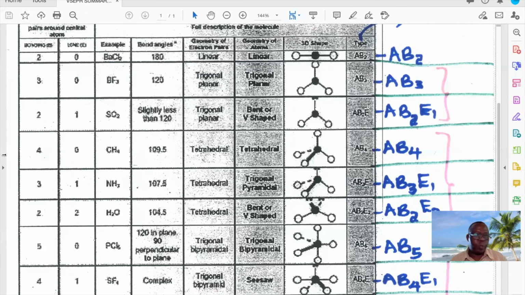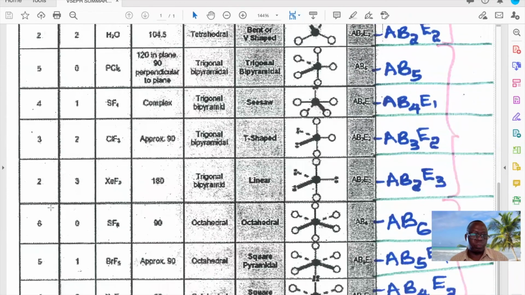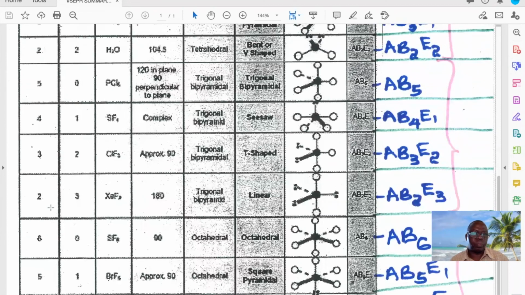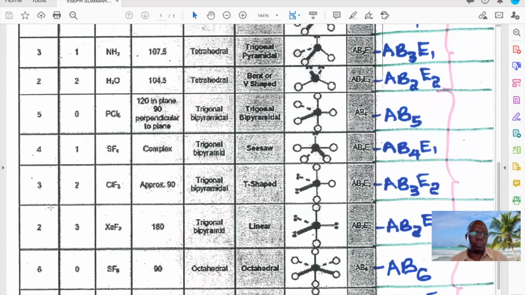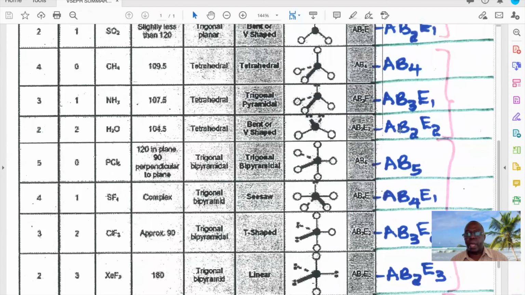First, we have 4 domains, 2 plus 2. So it is this. Look at AB2E2, which means the molecular geometry is bent.